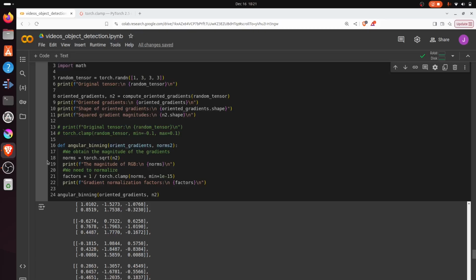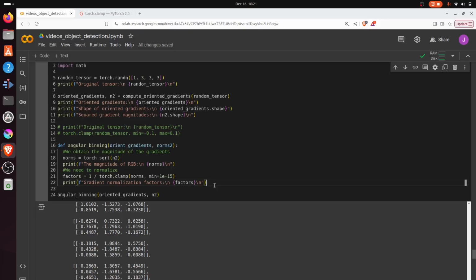Fantastic. So now we just continue. How? Well, what we need to do now is to extract the angles that are associated to the oriented gradients. As you'll see, there are 2 ways of doing this.